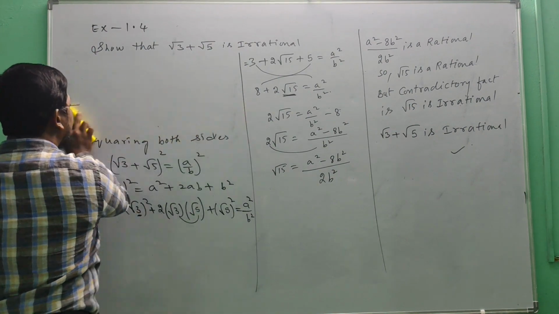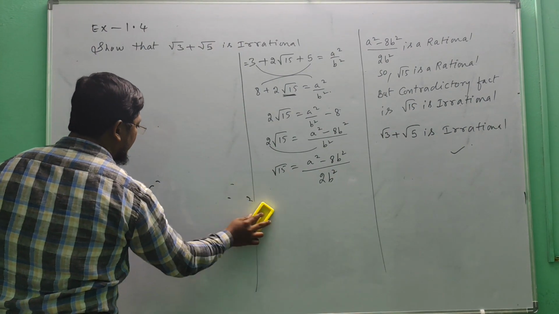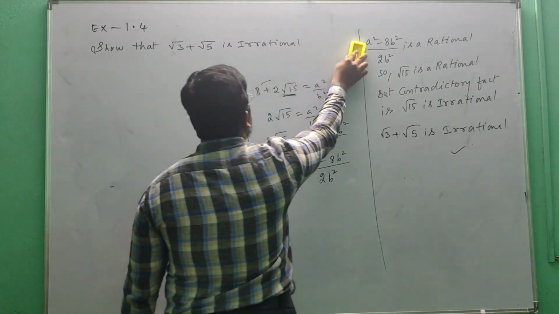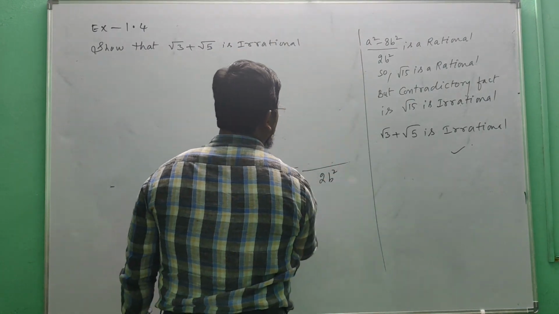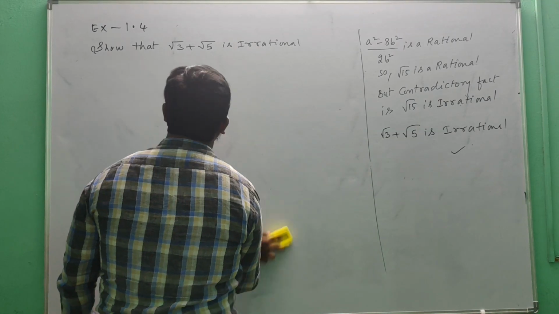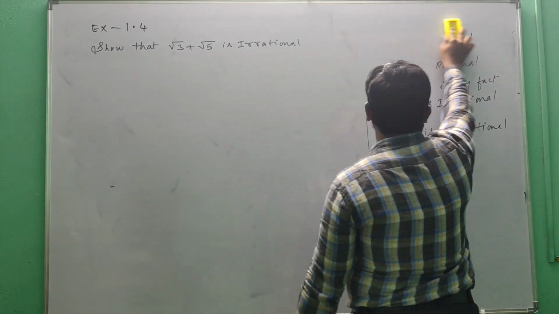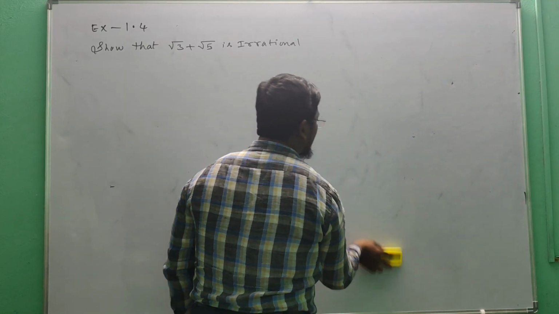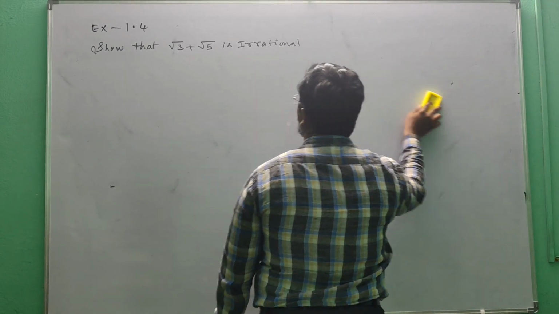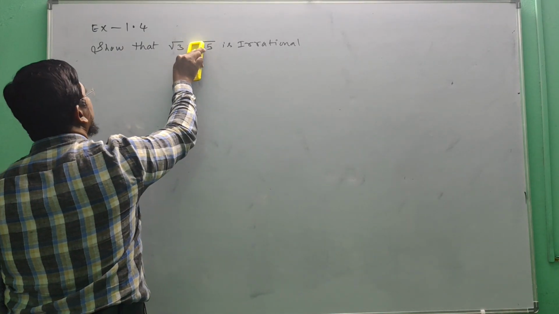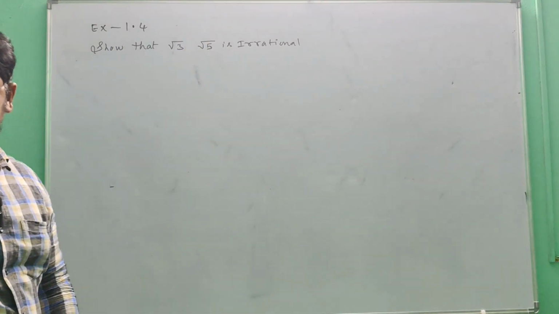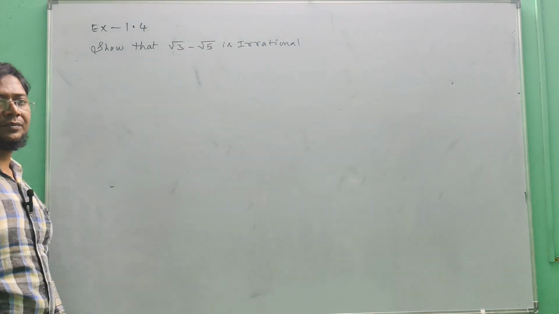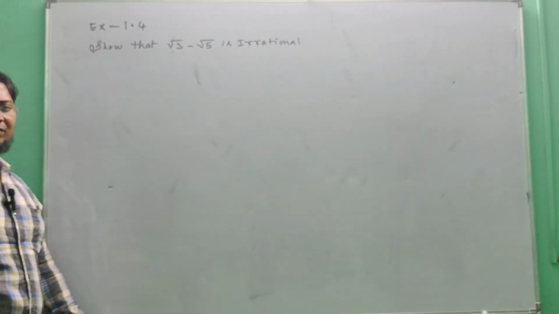Okay students, we have another question. Show that root 3 minus root 5. We have taken plus now. We'll try to do the same question with the minus sign. Which sign? Minus sign. Root 3 minus root 5 is irrational. Okay, so we have to follow the same steps.